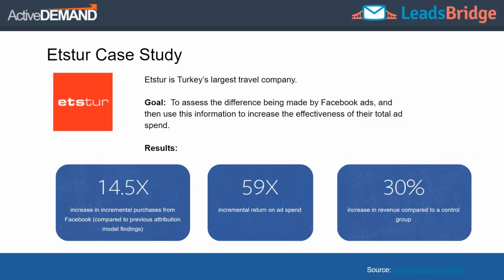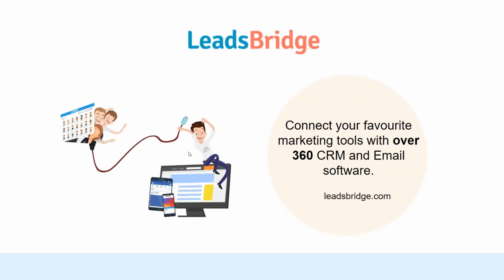Easttour, thanks to the offline conversion tracking, was able to increase incremental purchases from Facebook compared to the previous attribution model, with an incremental return on ad spend up to 59 times, and an increase in revenue compared to a control group up to 30%. And that's what LeadBridge does exactly.